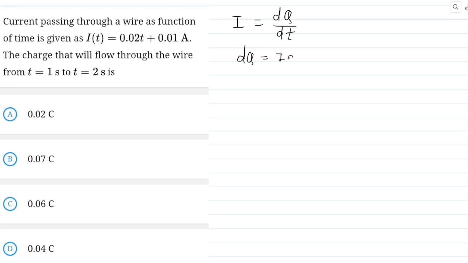dq is equal to I dt. Now we have to put the value of I from the given equation, which is 0.02 t plus 0.01 ampere multiplied by dt.